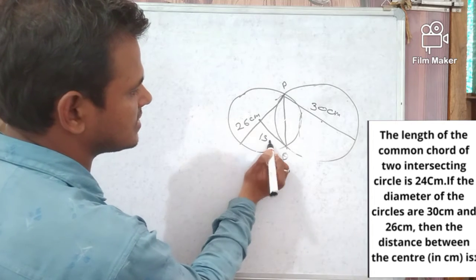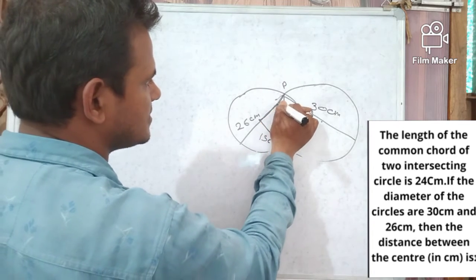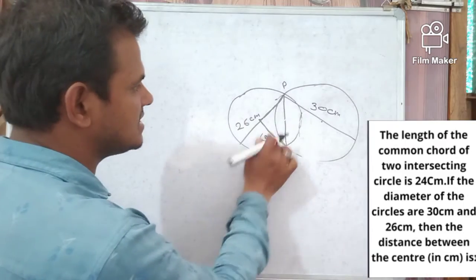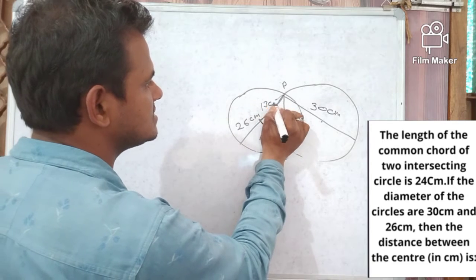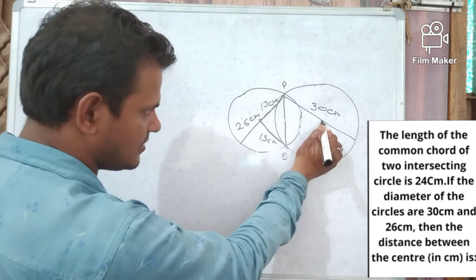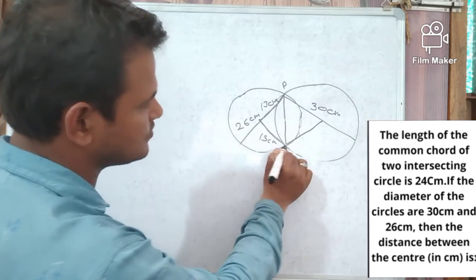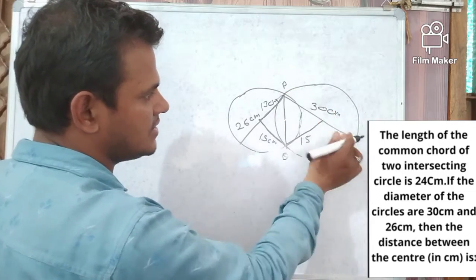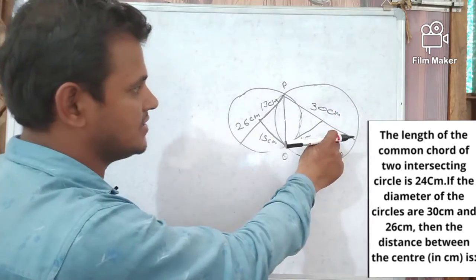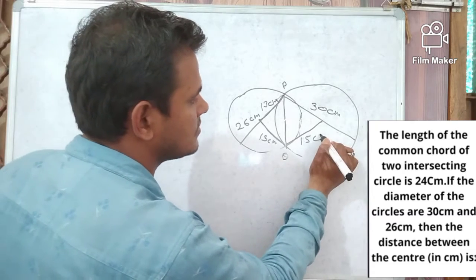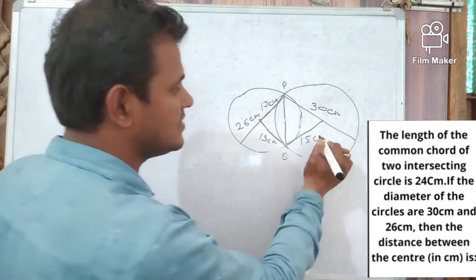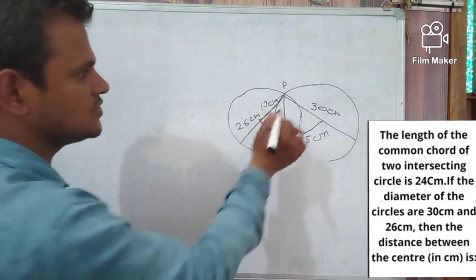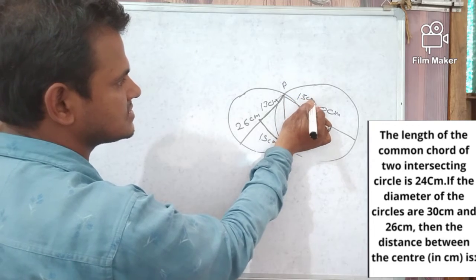The radius of the first circle is half of 30, so it will be 15 centimeter. The radius of the other circle is half of 26, so this is 13 centimeter.